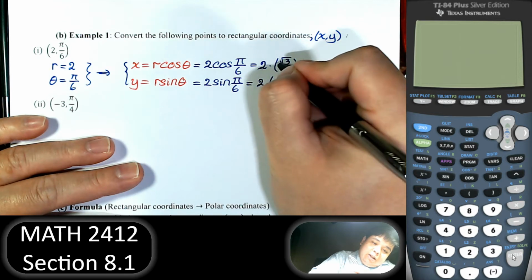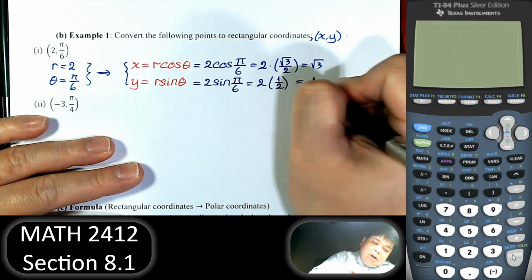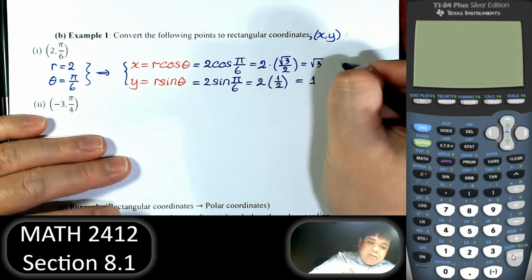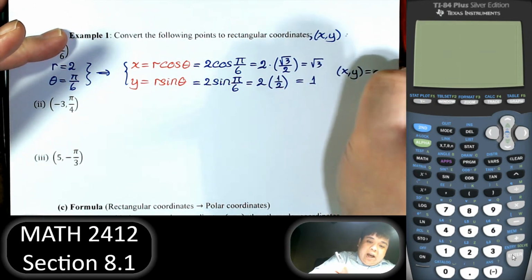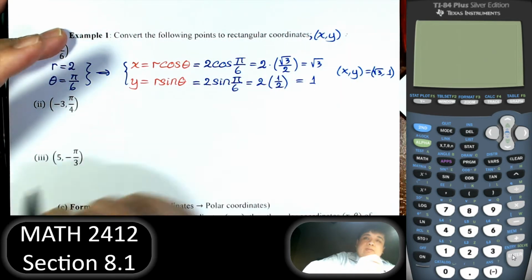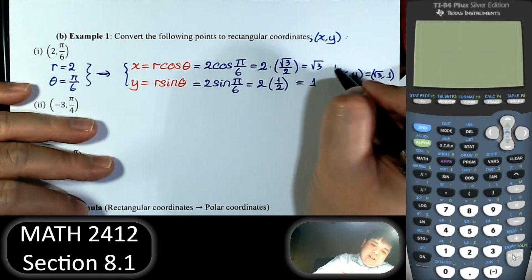And that gives us, 2 and 2 cancel out, square root of 3 and 1. So the rectangular coordinate, we will write the point x y: x is square root of 3 and y is 1. Simple enough.